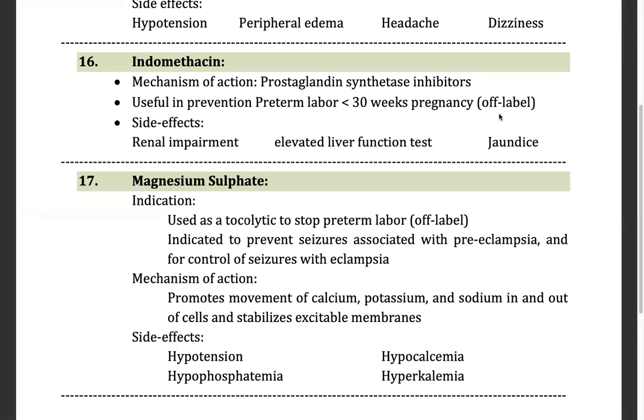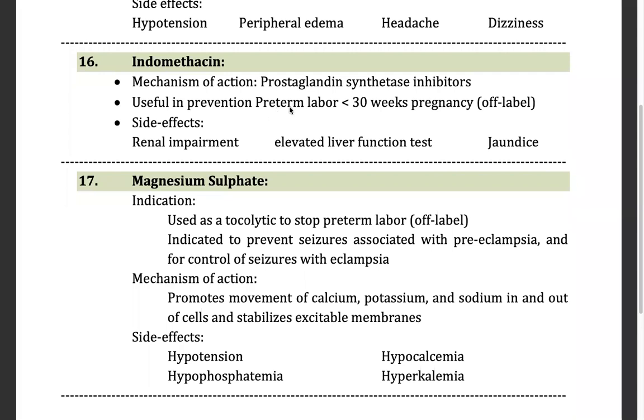So obviously renal impairment is one of the most common adverse effects. Also elevated liver function test, which may lead to jaundice by the increase in the bilirubin level. These are the adverse effects of indomethacin.